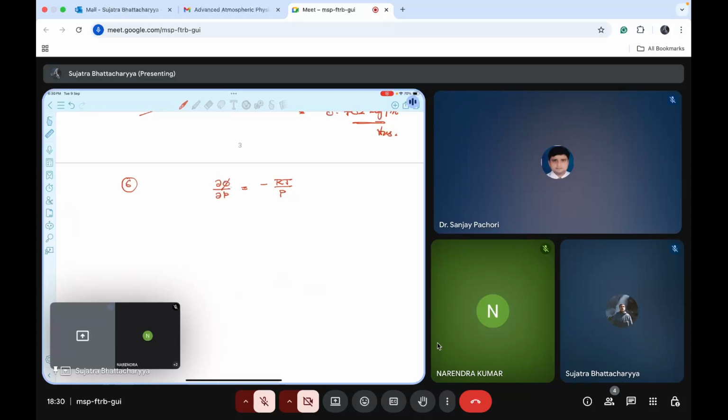Or you can keep it alpha also, or make it RT by P. That is fine. Minus RT by P.